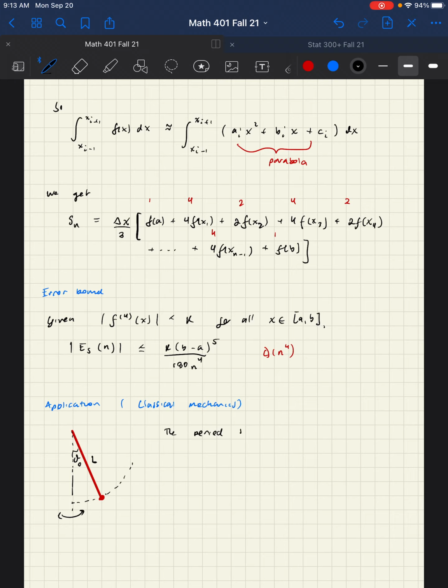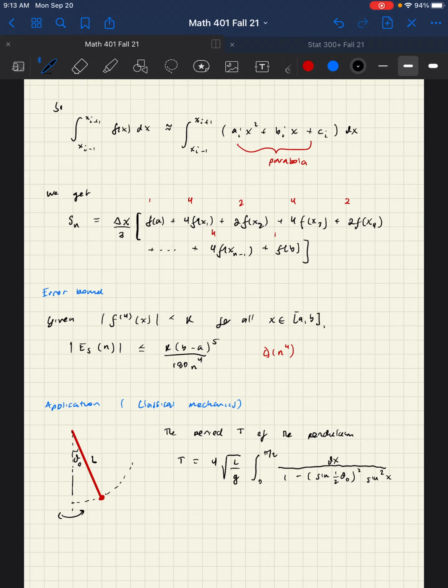So the period of this pendulum with a wide angle, so the period is how long it takes to come back to its original position, is given by T equals 4 times the square root of L divided by g, g being the unsigned acceleration due to gravity, times the integral from 0 to pi over 2 of dx over 1 minus sine of 1/2 theta naught squared times sine squared of x.